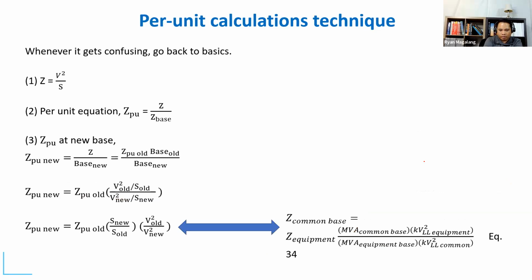Essentially that same Z divided by the Z of a chosen base. So at a new base, you could say that Z per unit new is equal to that Z, which is in ohms, divided by the new base, obviously.